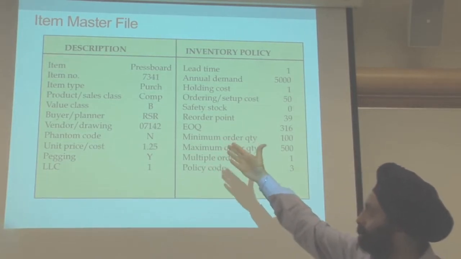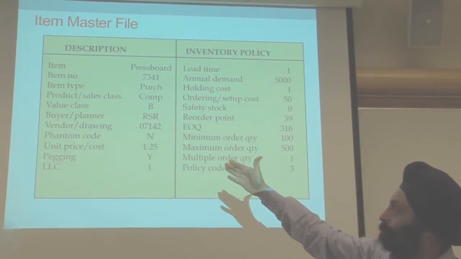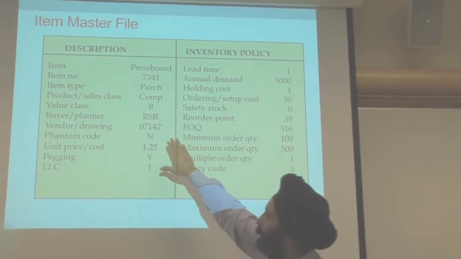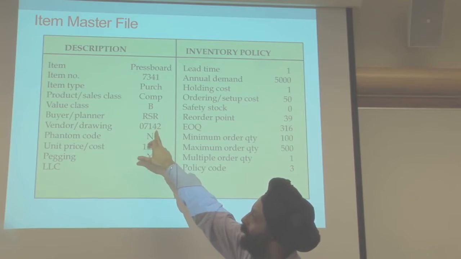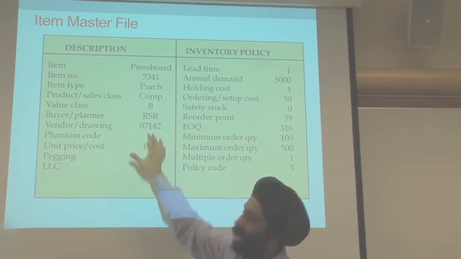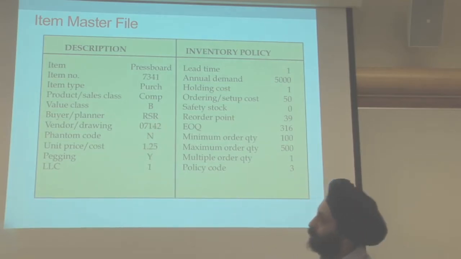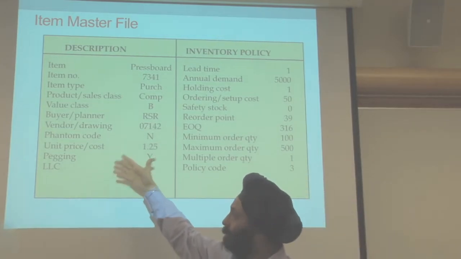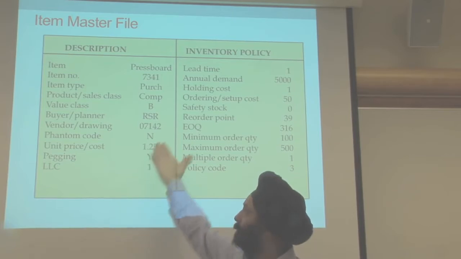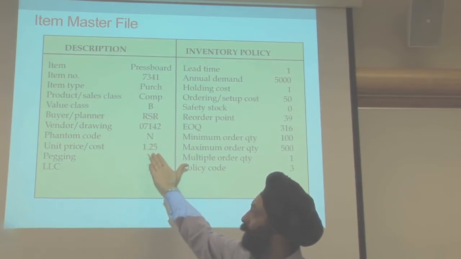It's a B item in this case. Who is the particular person within the purchasing department who is responsible for buying it? Where exactly in the computer the vendor drawing is located? Is it a phantom code or not? We mentioned earlier about the phantom bill. No, it's not. Unit price is given to you.